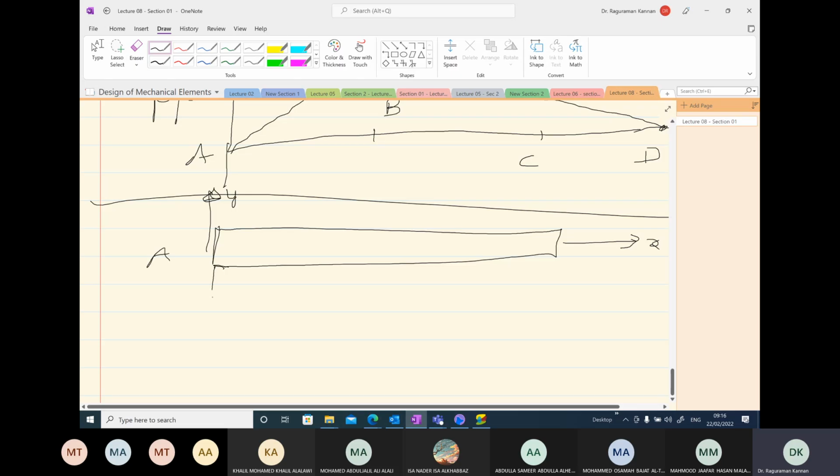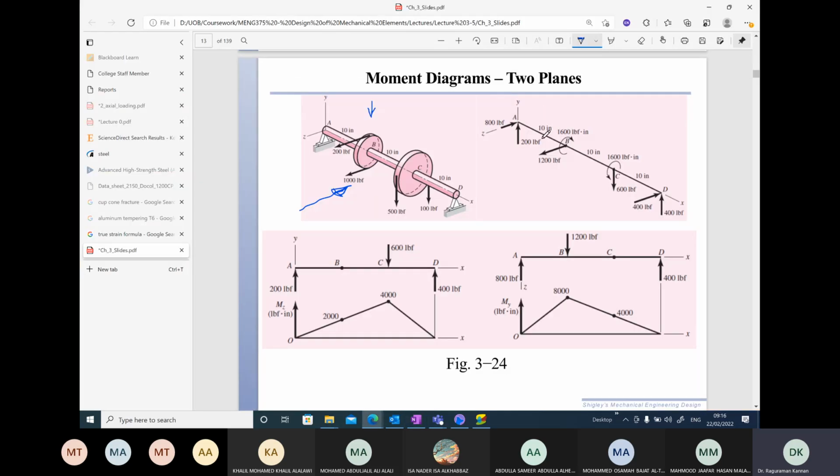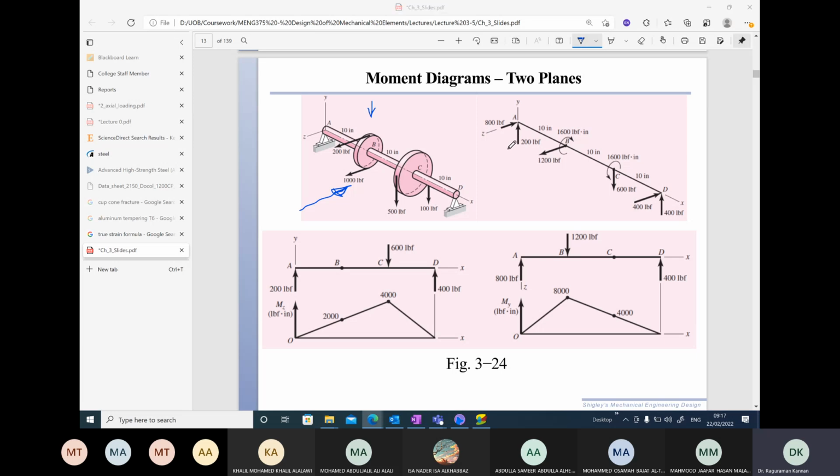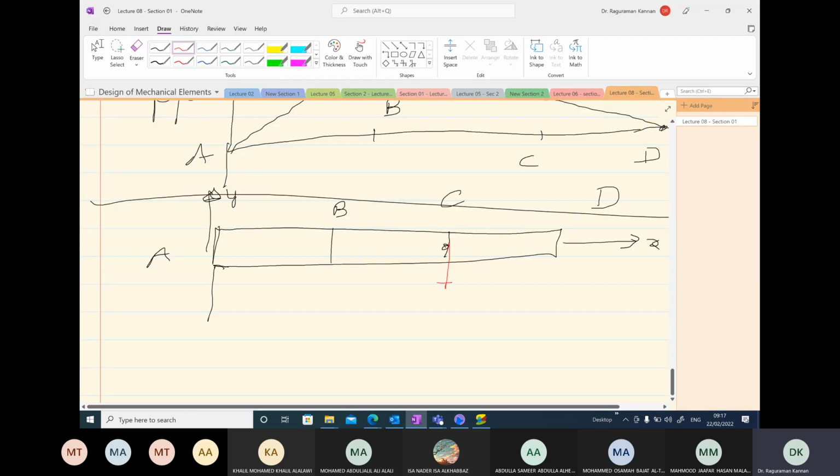Point A. And I'm going to see a force downward at point C. So let's identify points B, C, and D. And right at point C, I have the force going down, 600 pound force.